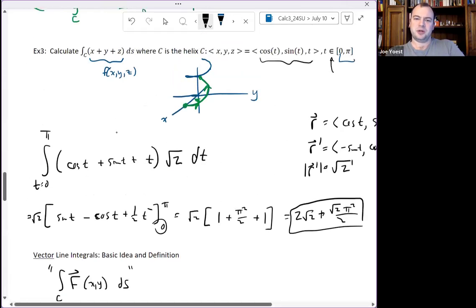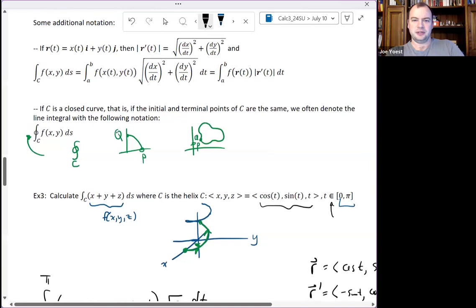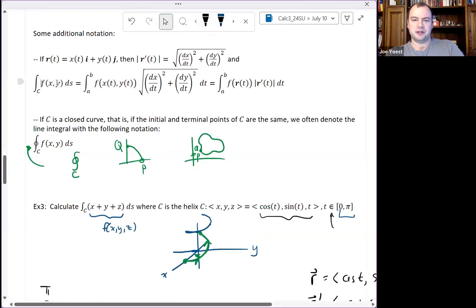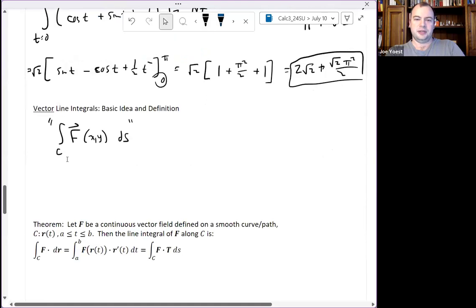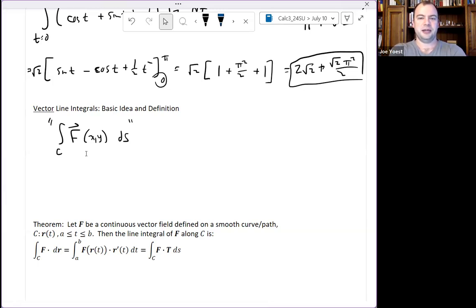I want to swap out my scalar function f that takes multiple inputs, 2 or 3 inputs, and yields a single output. I want to swap that out for a vector function where I'm now kind of integrating over a vector field. I have a function big F that takes, in this case, maybe 2 inputs and gives 2 outputs.